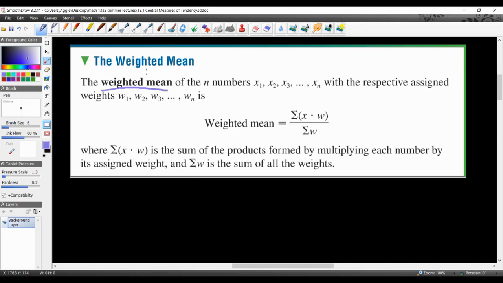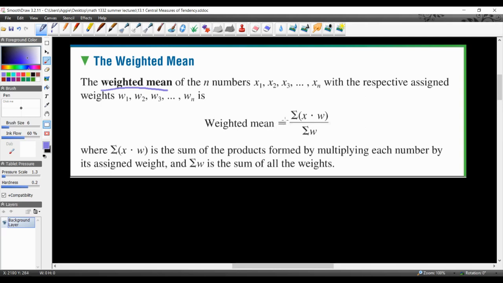For instance, when you do your grades for school, daily assignments are not worth as much as a test, and the final exam is worth even more. That's what weighted means. Some of them are worth more than others, so we have to multiply by that weight to get the actual average. That's how we calculate your GPA.